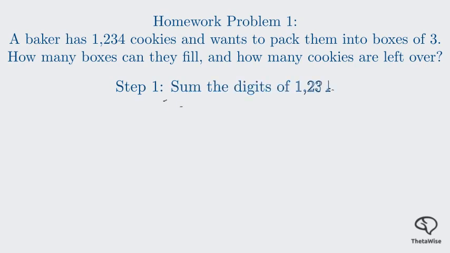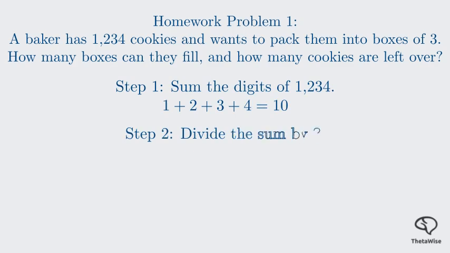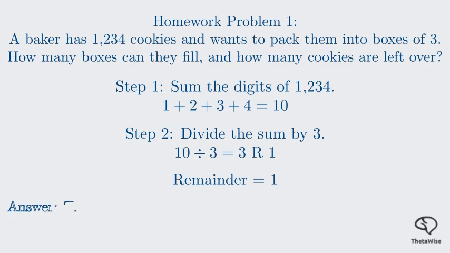That's 1 plus 2 plus 3 plus 4, which equals 10. Next, divide the sum by 3. 10 divided by 3 is 3 with a remainder of 1. The remainder is 1. This means that when we divide 234 by 3, the remainder is also 1. So the baker will have 1 cookie left over.